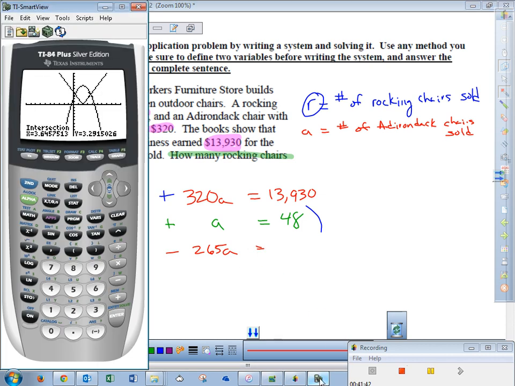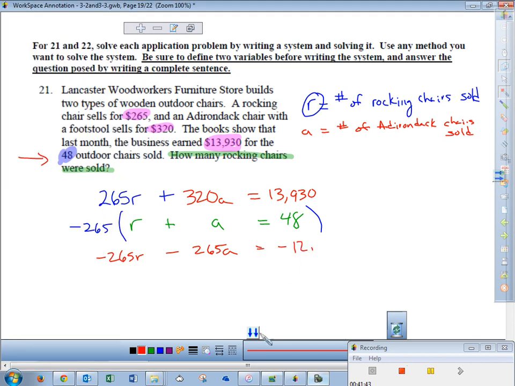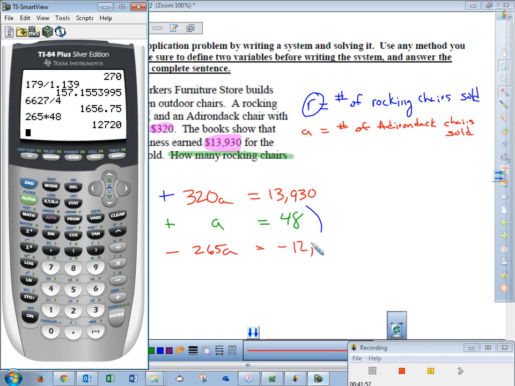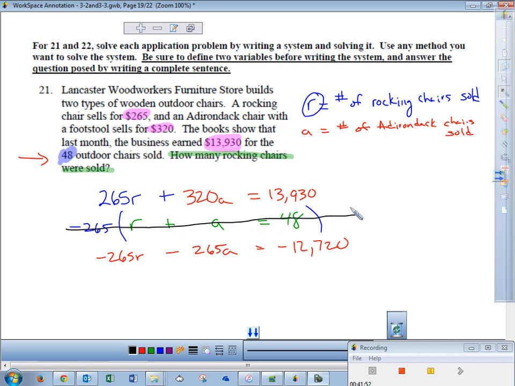And then 265 times 48. Right? I'm a big believer in once you've modified this equation, cross them out so it doesn't confuse you. Don't black them out, just cross them out. And now add these two together.